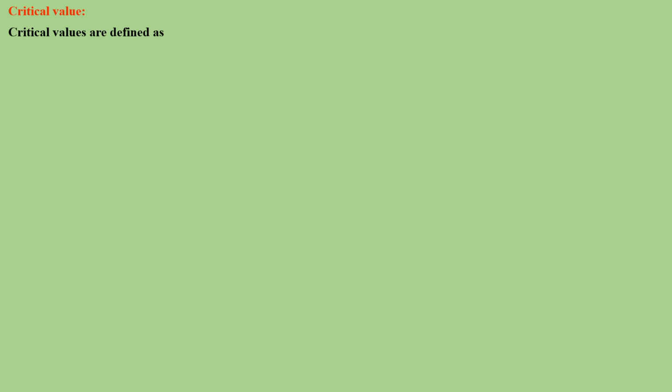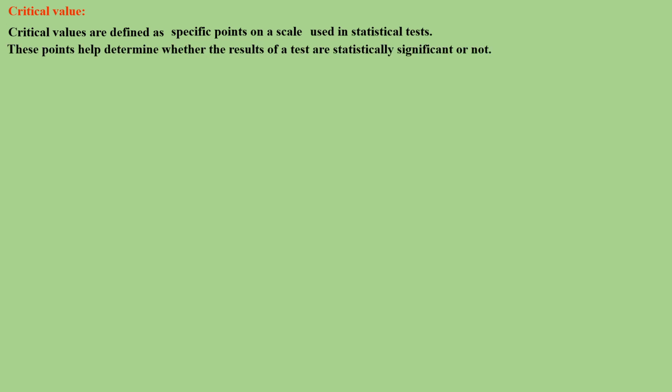Next, critical value. Critical values are defined as specific points on a scale used in statistical tests. These points help determine whether the result of the test statistic, or the test value, is significant or not. So if you want to check, we use the critical value.